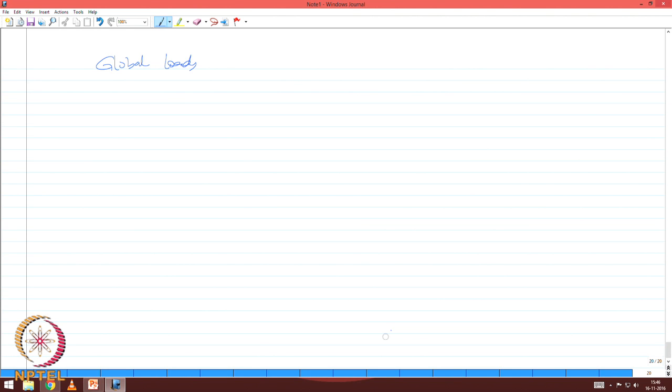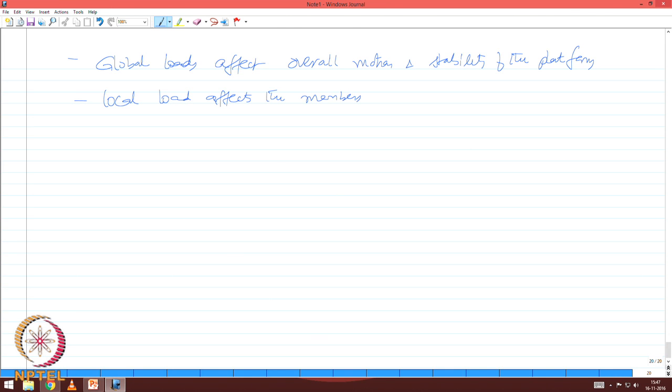Now, the global loads affect overall motion and stability of the platform, whereas the local load affects the members of the structure at local points.